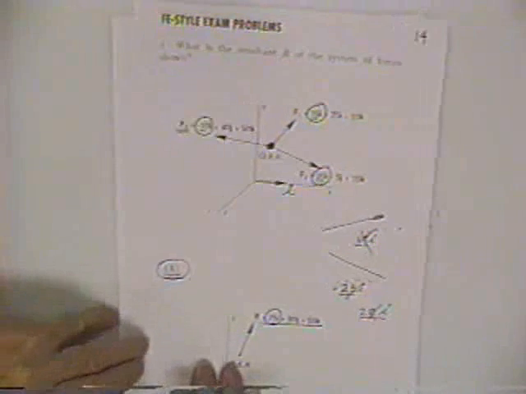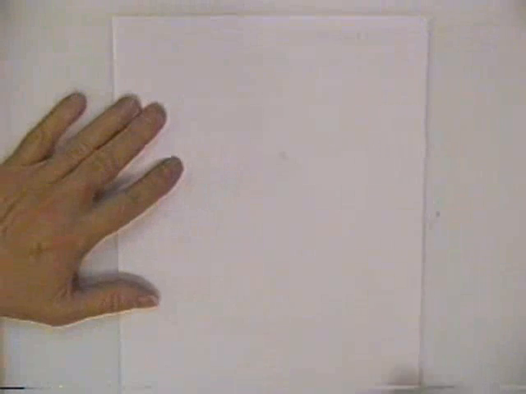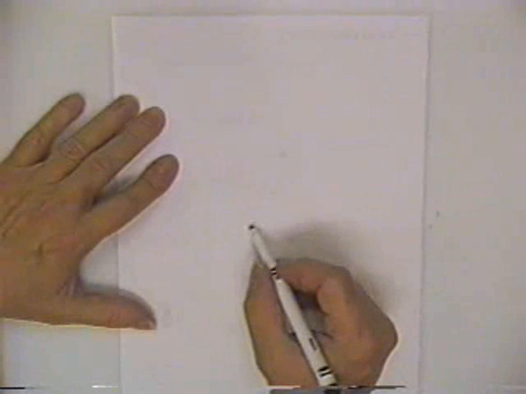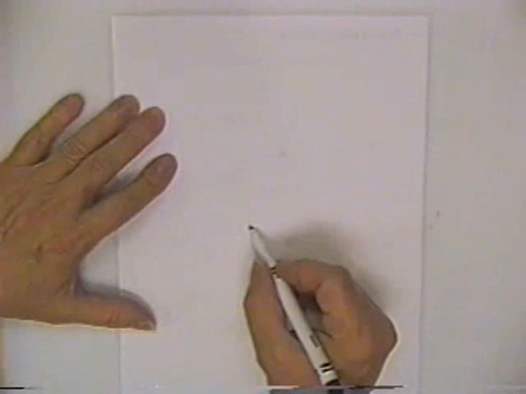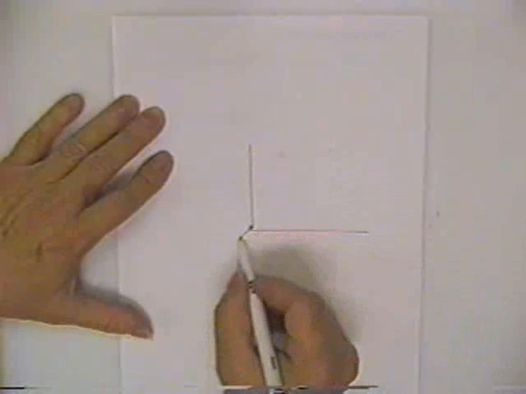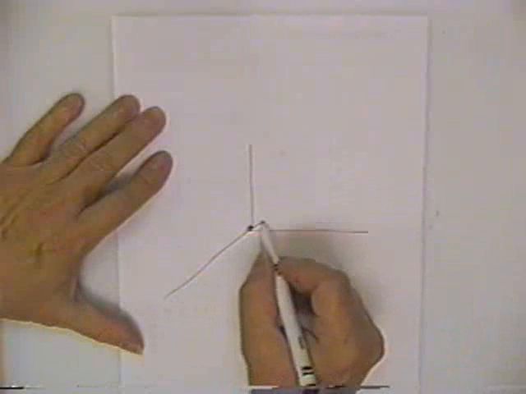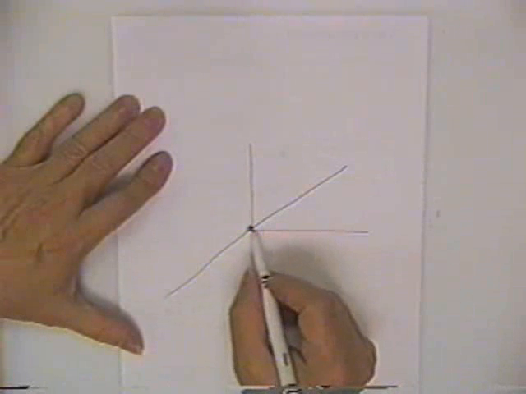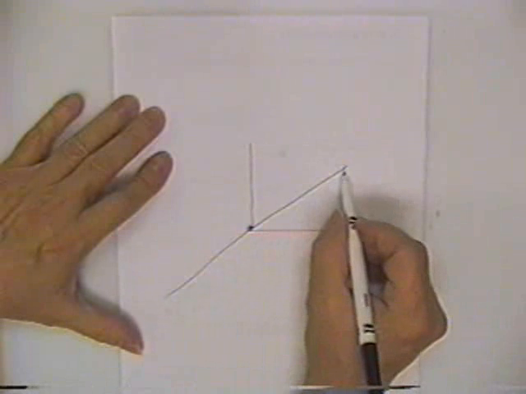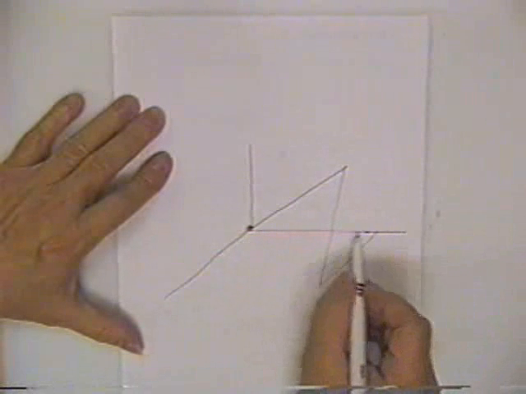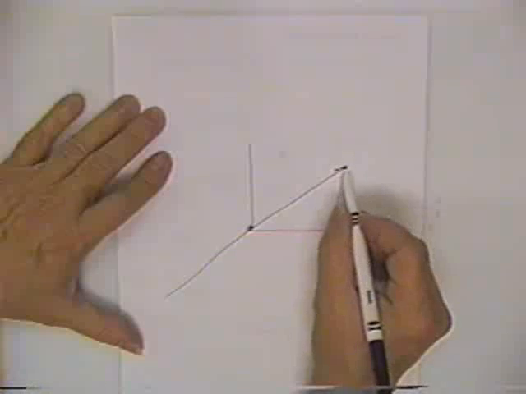Alright, sometimes you will see a force, instead of already being broken up into the X, Y, and Z components, that comes out here at some angle, and they tell you that this force came to here, and to here, and to here.